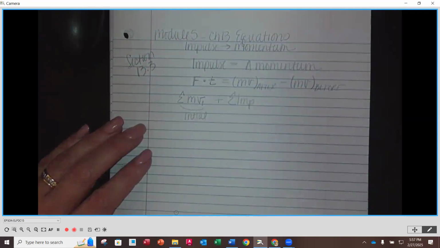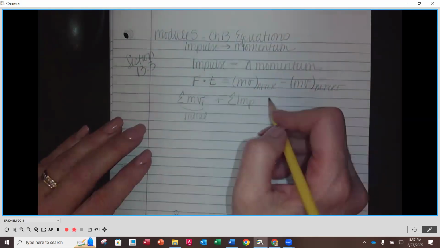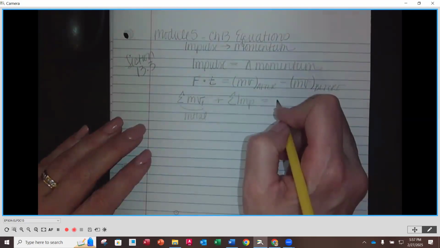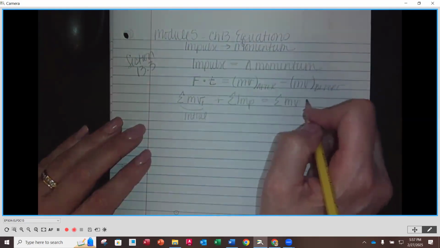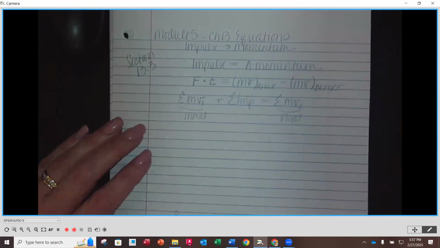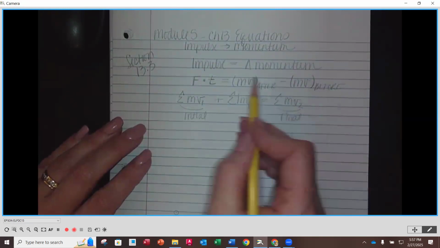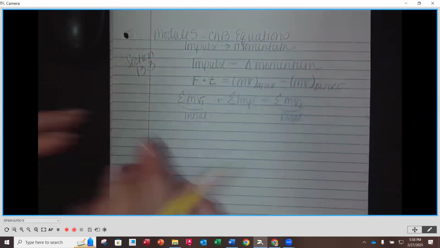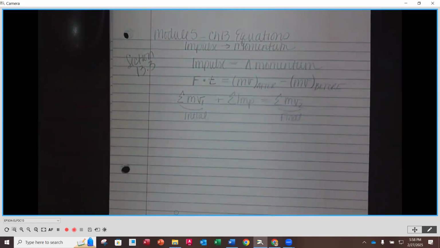It can come from weight if that ends up being one of the forces that are changing the momentum. But like I said, when they're short, we don't worry about them, like in the case of a baseball being hit by a bat. And that equals the summation of mass times velocity 2, which is our final or after. So it's really just rearranging this and putting it into that format that we've seen in a couple other places. Now, a couple of things.